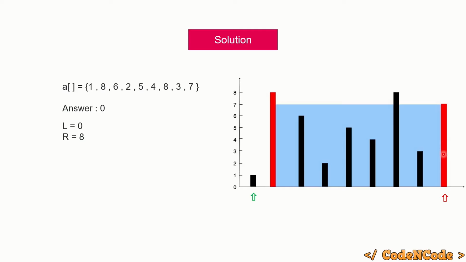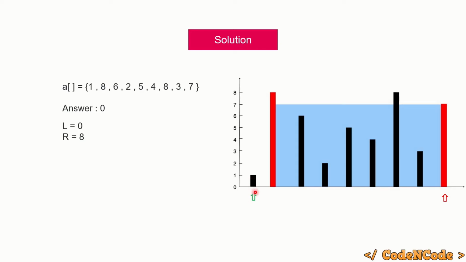This one needs the height of the other to be at least 7, otherwise it won't be able to store this much water, water at level 7. This is capable of storing water at level 7, while this is only capable of storing water up to level 1. So of course this will be able to satisfy the need of the left one, right?